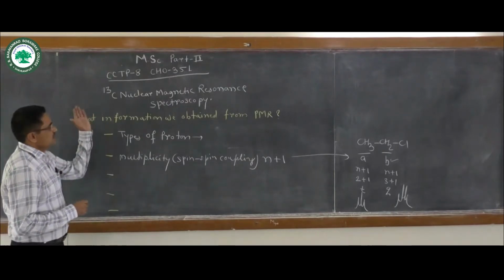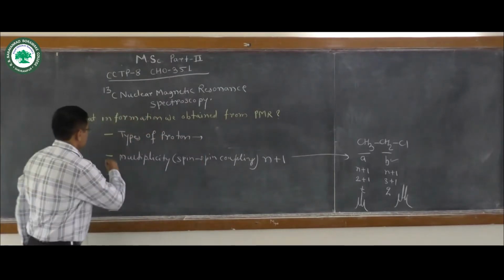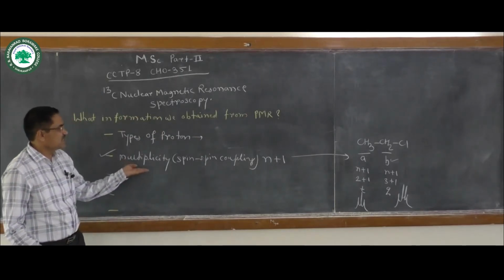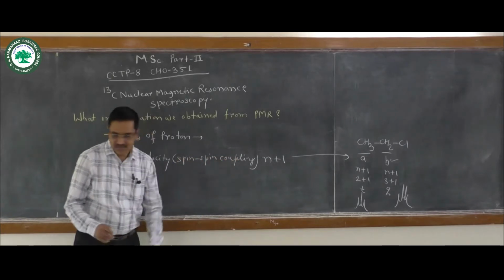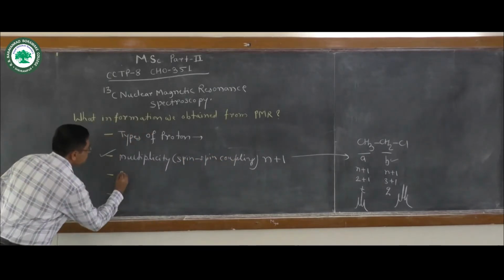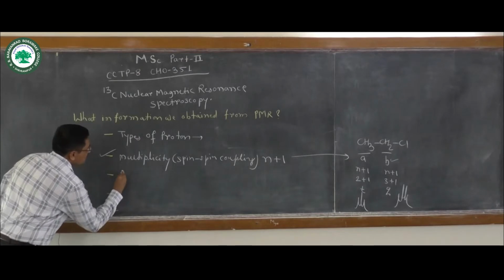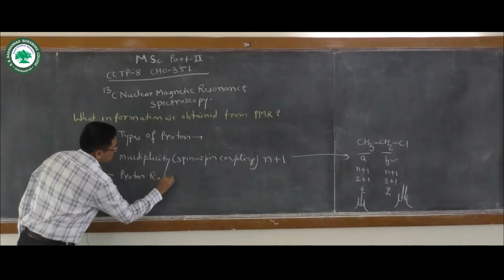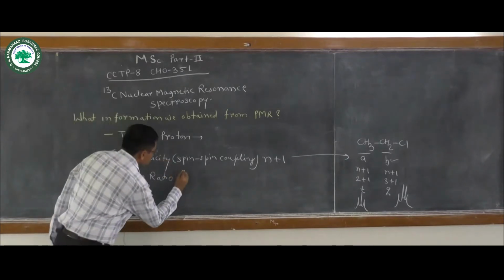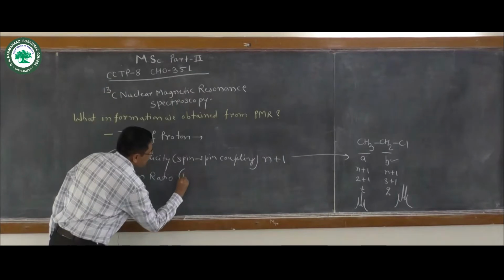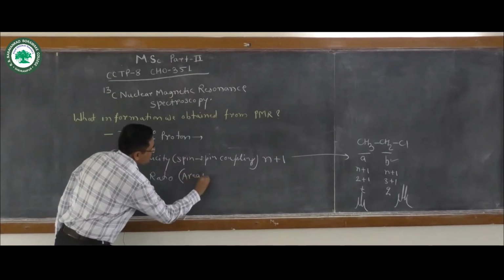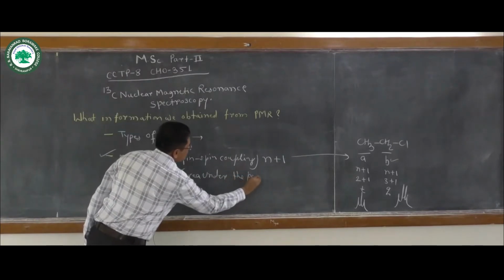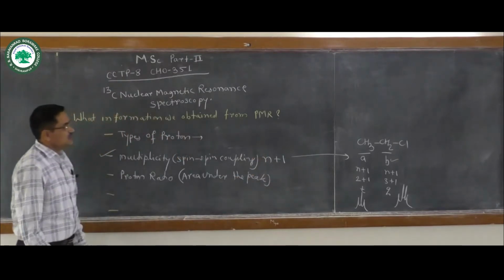Means from PMR, the second thing we obtain is the multiplicity, that is spin coupling. And the next one is proton ratio. Proton ratio is nothing but the area under the peak.